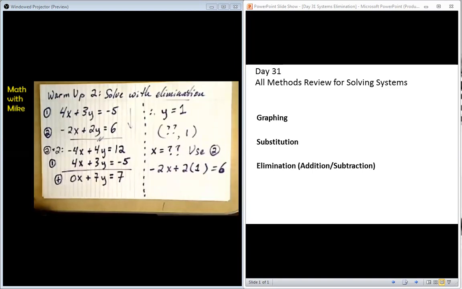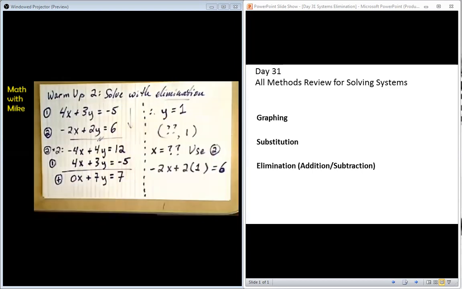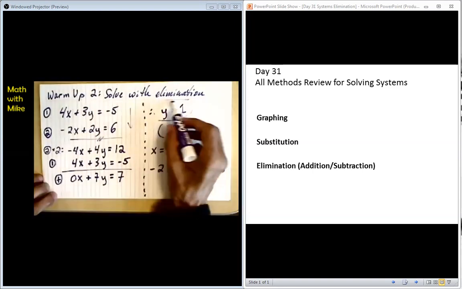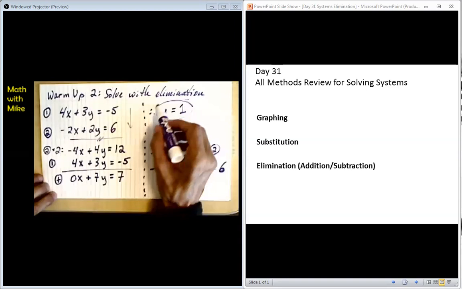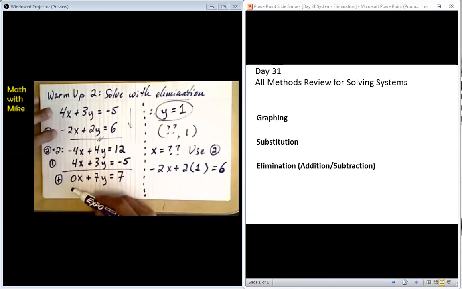Because from the first part, all this work gave us that y is equal to 1. So we got this here from doing all this stuff, getting the x's to cancel out. We got that to happen by getting these numbers the same by multiplying by 2.